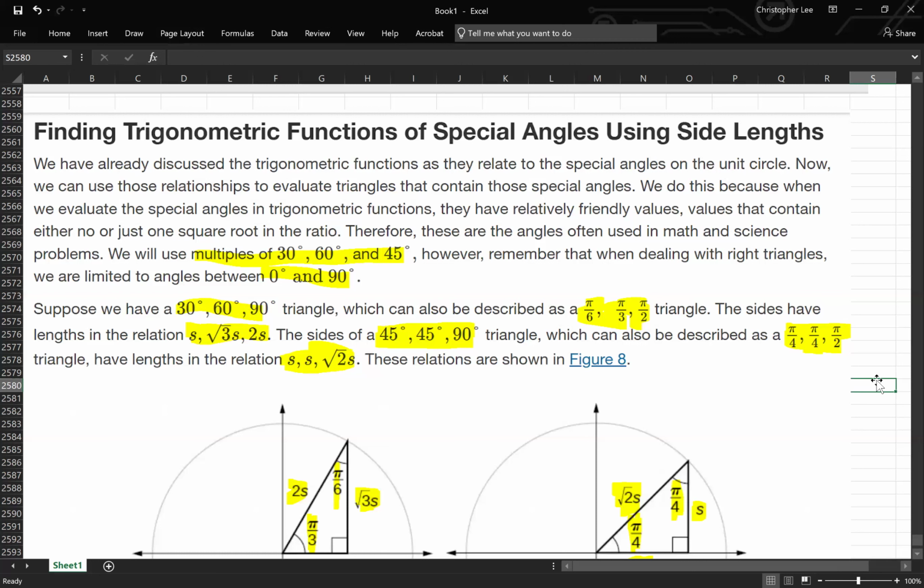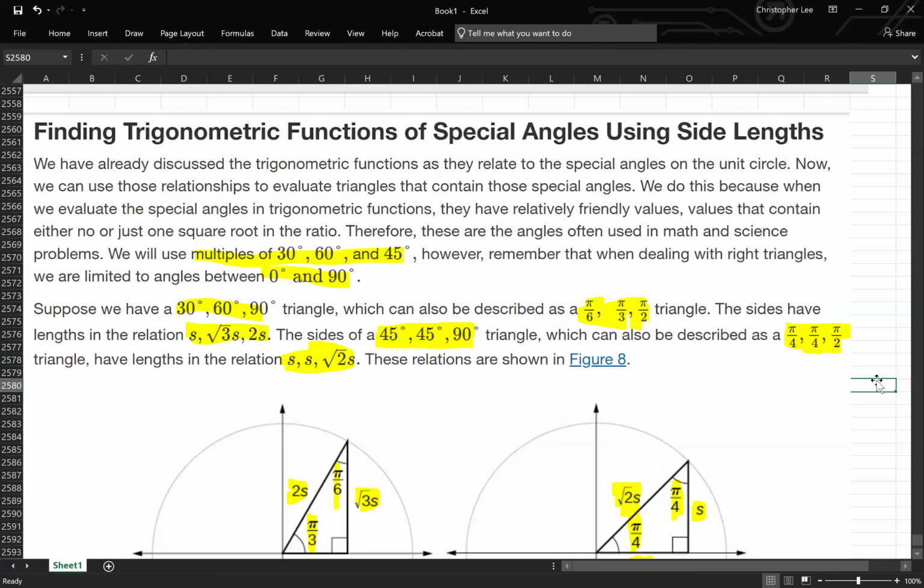However, remember that when dealing with right triangles, we're limited to angles between 0 and 90 degrees. So suppose we have 30 degree, 60 degree, 90 degree triangles, which can also be described as pi over 6, pi over 3, pi over 2 triangles. The sides have lengths in the relation s, square root of 3s and 2s.